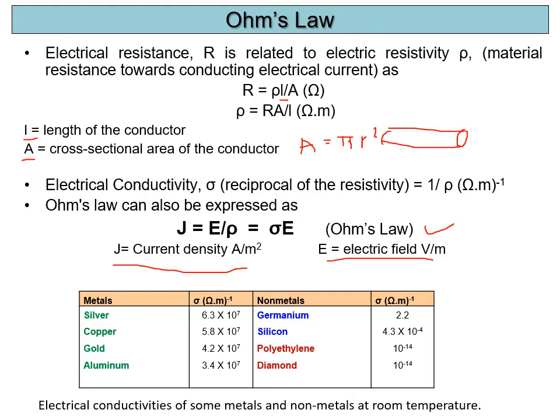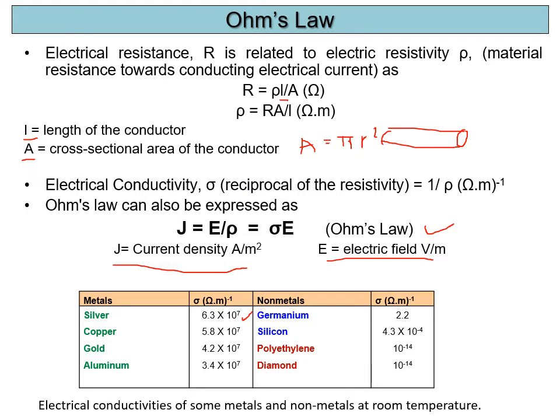We can see in this table the conductivity values of different metals. The first one is silver, then copper, gold, aluminum. We can see here that silver has the highest conductivity compared to the other metals.